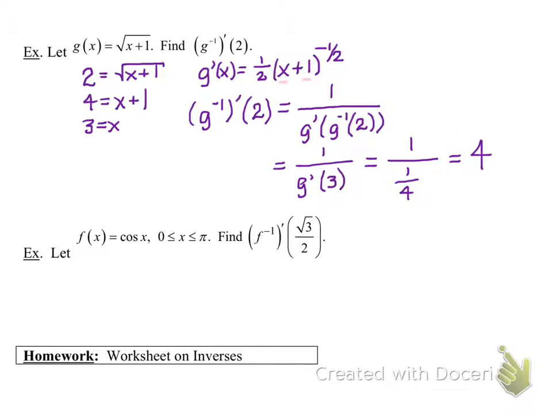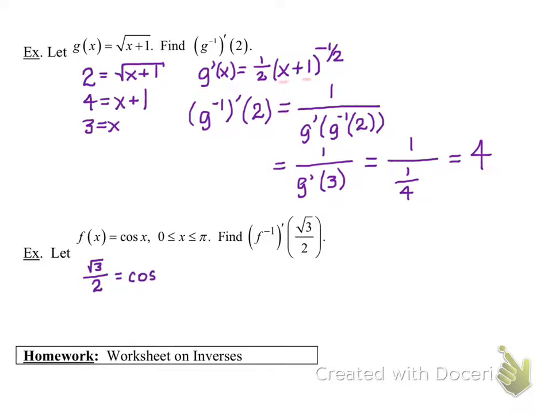Now we're going to look at the derivative of the inverse of the square root of 3 over 2. First, let's figure out what our function is when y is the square root of 3 over 2.